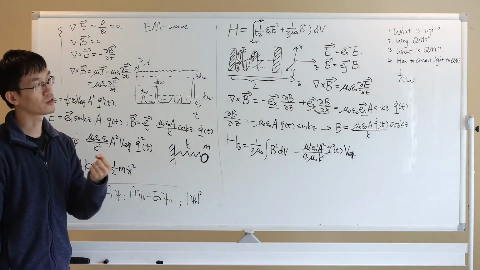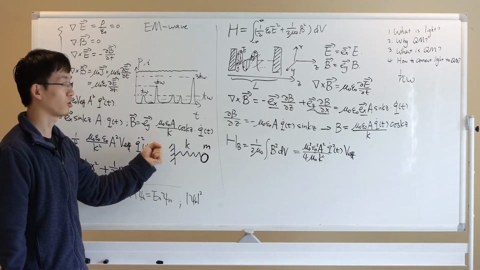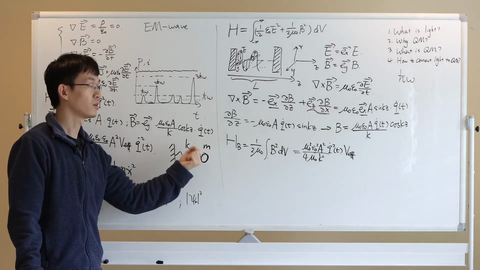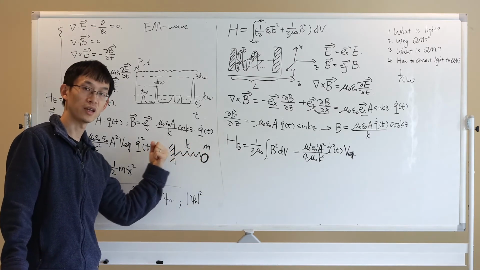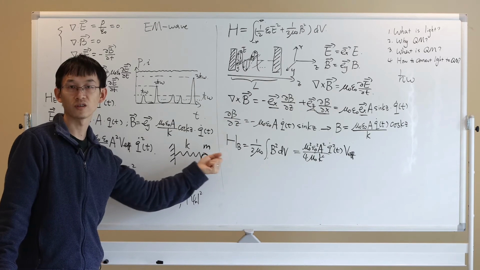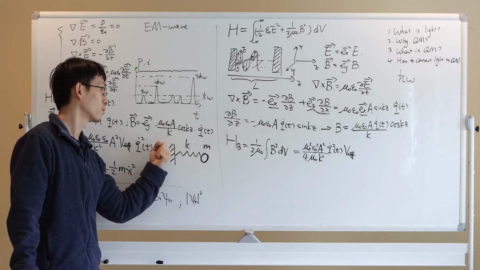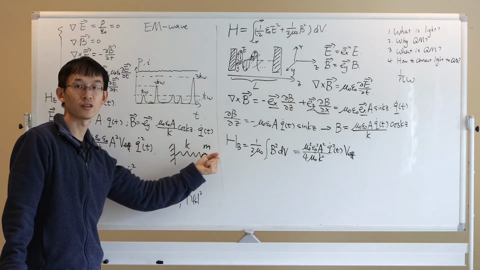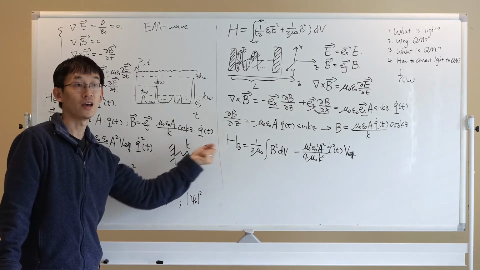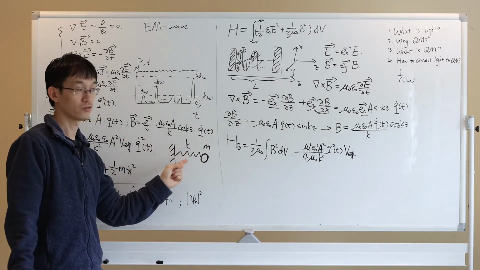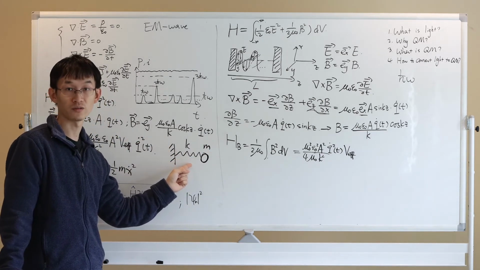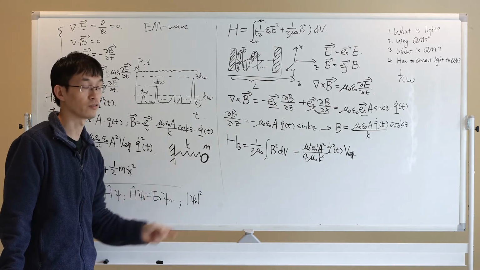The idea is very simple. If you look at a harmonic oscillator, then what happens is that when it's oscillating, the kinetic energy is transferring with the potential energy, right? And the solution for this is a cosine wave, right? Think about it, it's a sine or cosine wave.